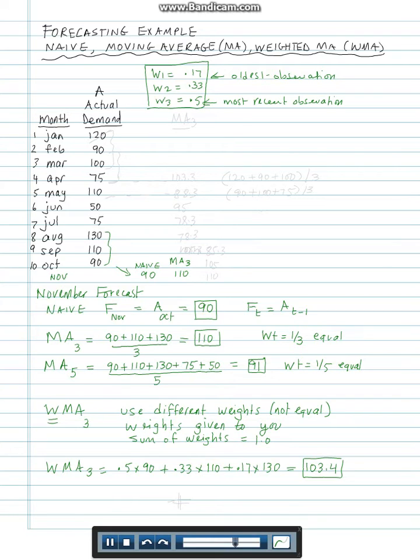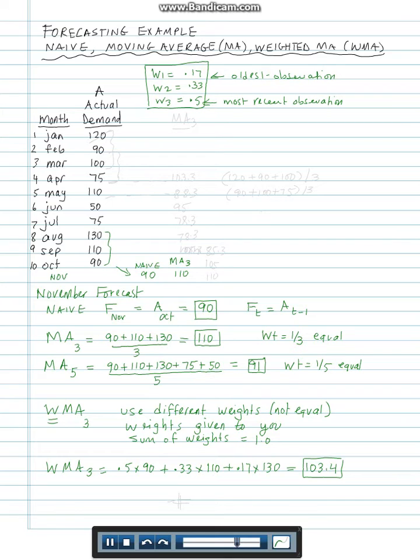These techniques will only predict 1 period at a time, so you cannot go to December or to January until the period before it materializes the actual demand, so we have to stop here.